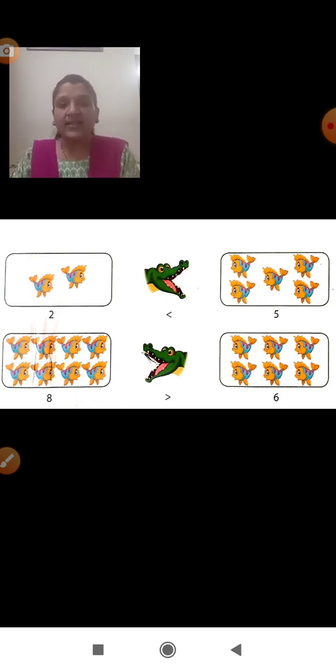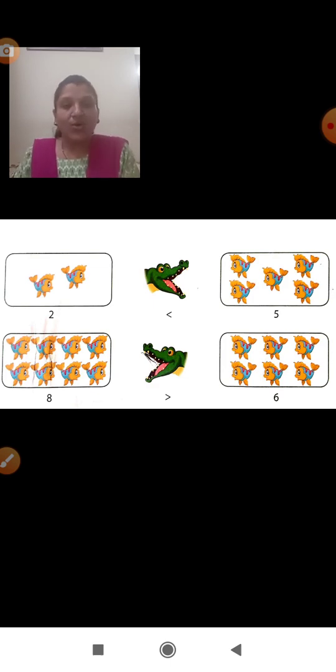As you see here in the first example, there are 2 fishes in the first box and there are 5 fishes in the next box, second box. So here we say 2 is less than 5. And for this we use a symbol.